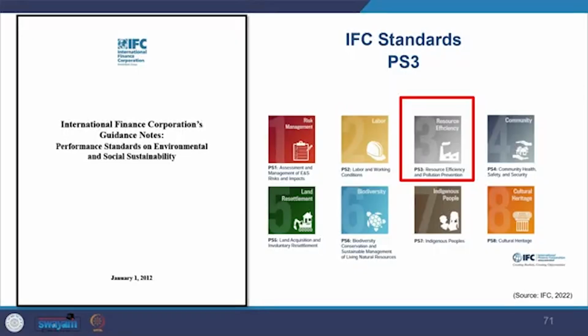Further, the IFC performance standards also provide pollution prevention requirements within PS3, so how clients are required to avoid release of pollutants, and if avoiding is not possible, how they are supposed to minimize it. All those guidelines are provided.